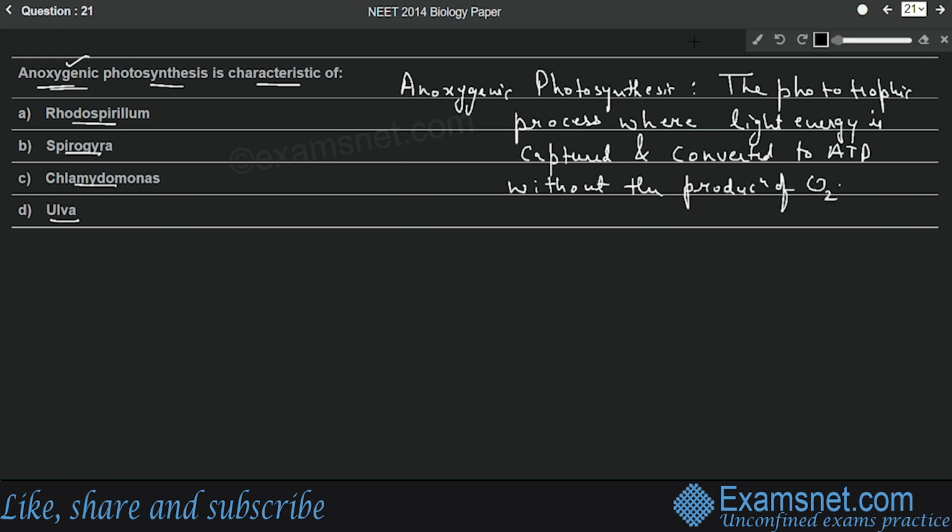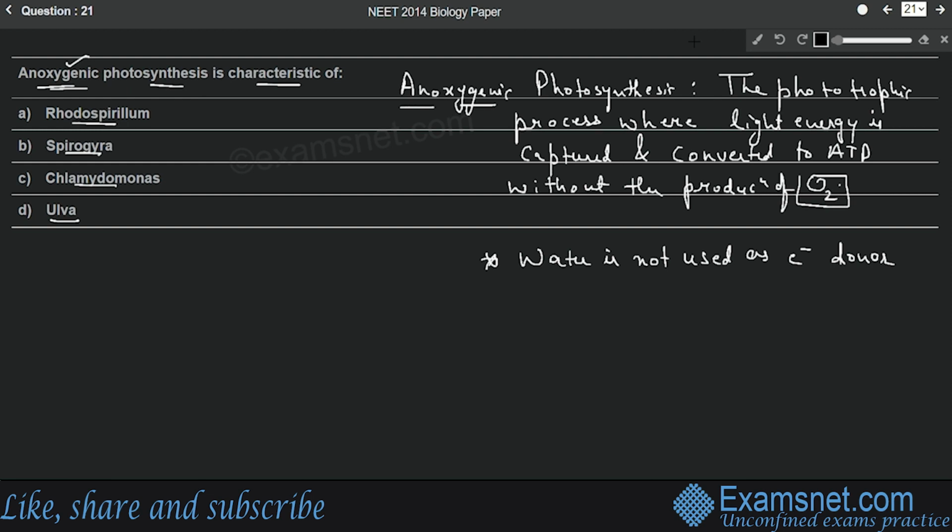So in normal photosynthesis, what happens? Oxygen is produced, but in case of anoxygenic, from the name itself it is clear that there is no production of oxygen in this case. And the most important thing here is that water is not used as the electron donor.